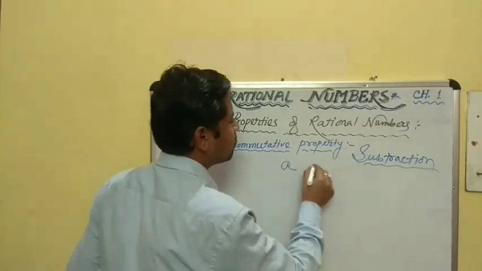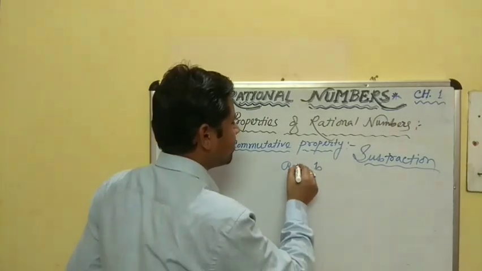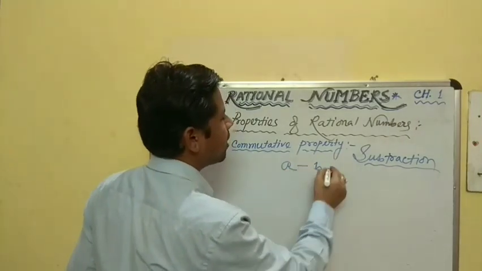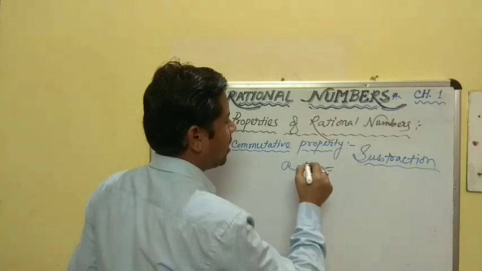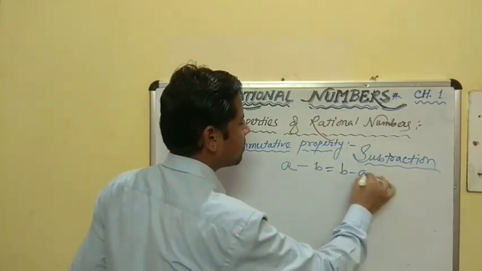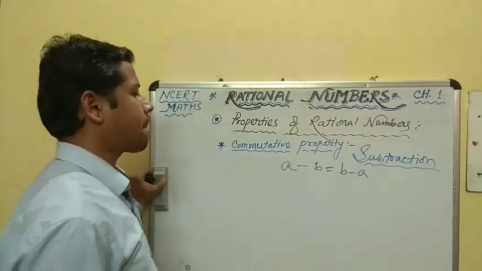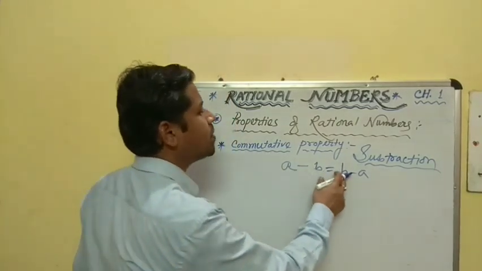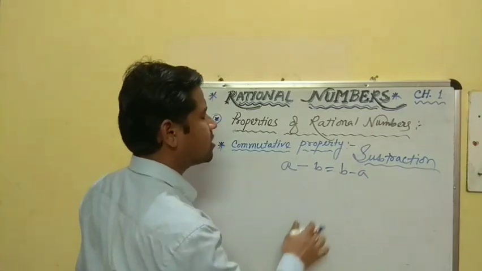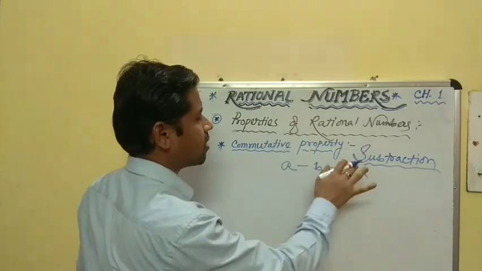Suppose a and b are both rational numbers, and if we subtract b from a, and it is equal to b minus a, if we change the sequence, the result is the same. a minus b equals b minus a, if possible. Then we say that rational numbers are commutative under subtraction.